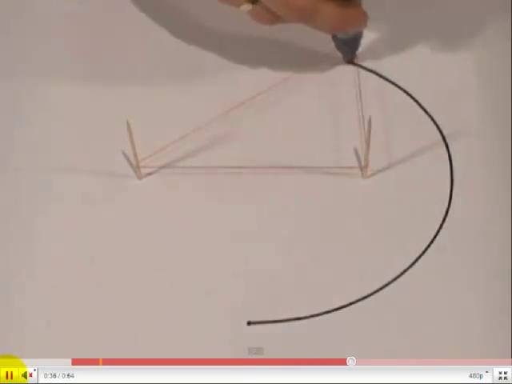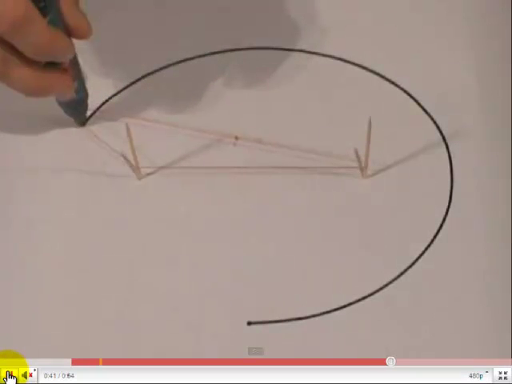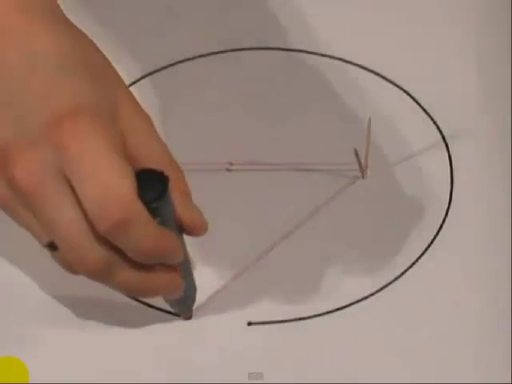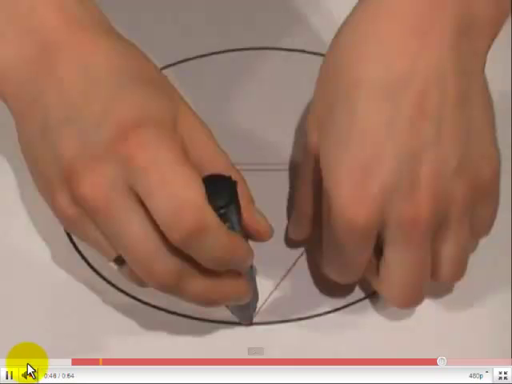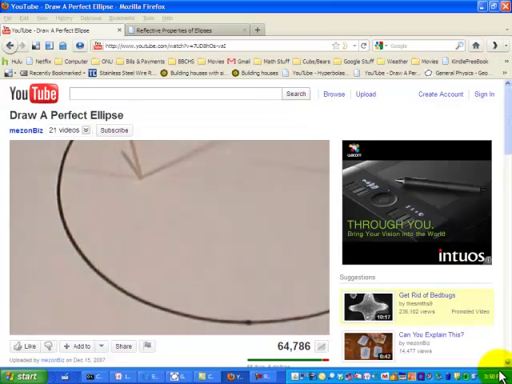And we'll let it keep playing. You'll notice that he's going to get this absolutely perfect looking ellipse because no matter where he's at, the length of this string plus this string is exactly the same. And he gets an ellipse. Ta-da! Isn't that wonderful?